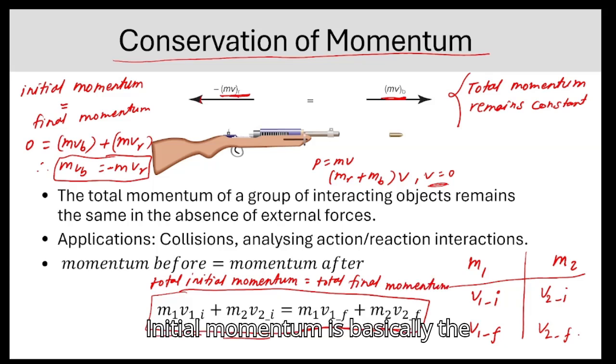Initial momentum is basically the mass times the corresponding initial velocity, and final momentum is mass times corresponding final velocity.